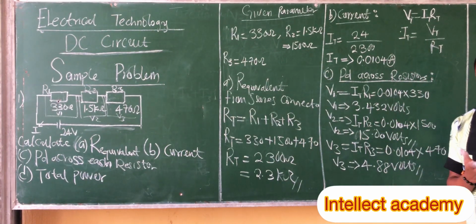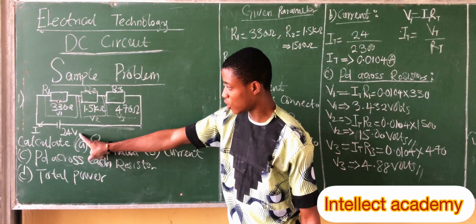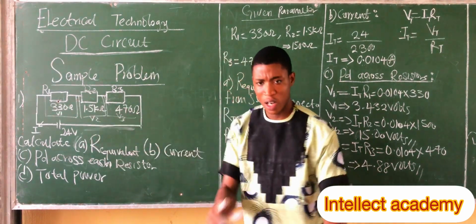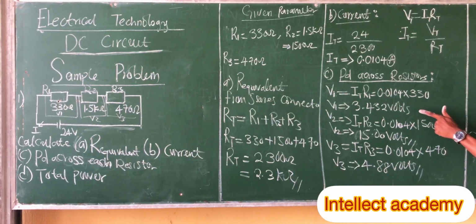Now, if you investigate the law, it states that the voltage across this point is equal to the sum of all these voltages. So let's do a quick test. Please punch 3.432 plus 15 plus 4.88 volts.